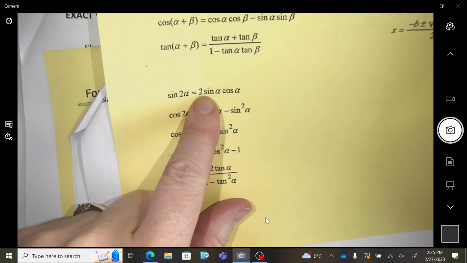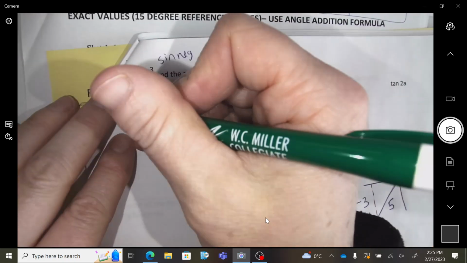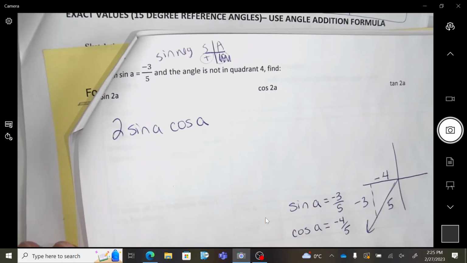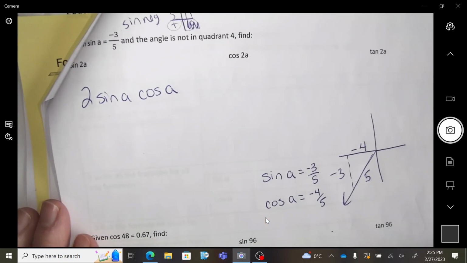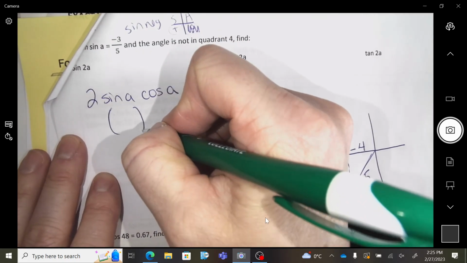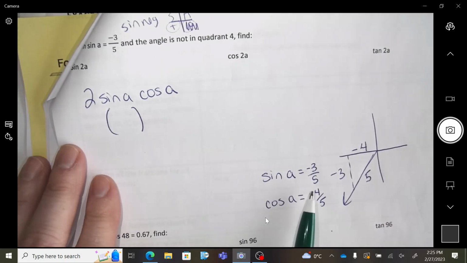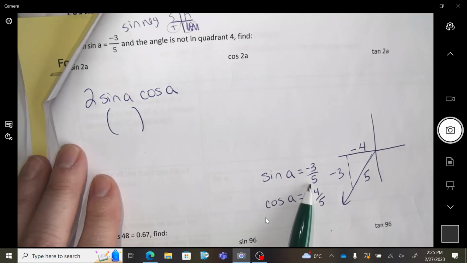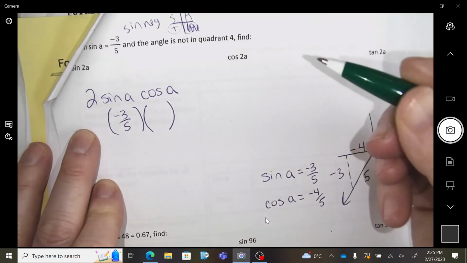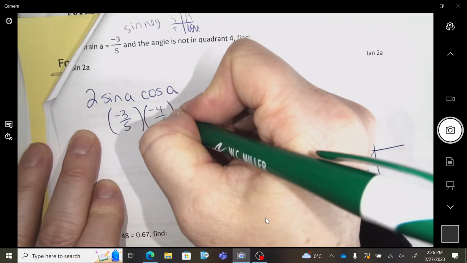This one right here: 2 sine A cos A. Okay, sine A can be replaced with what? Negative 3/5, yeah. Right there, we have it all written down. Cos A can be replaced with negative 4/5.